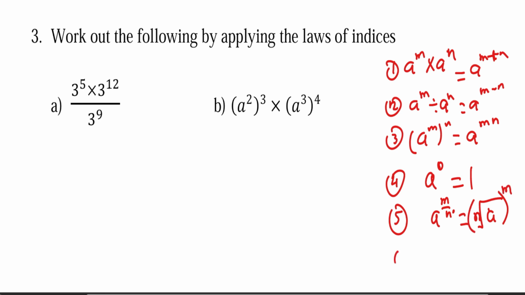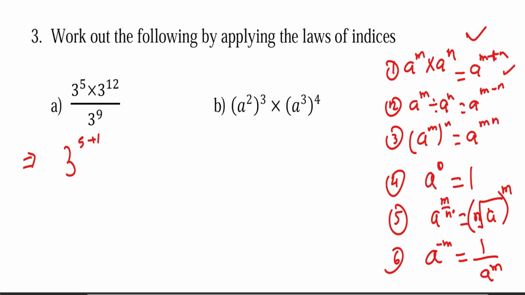And the sixth rule, if your power is negative, then basically just do the reciprocal. But remember, the power will be positive after reciprocating. So that's our main rules. Now, for the first question, you use both the first rule and the second rule. If it comes to multiplication and they have the same base, you add the powers.